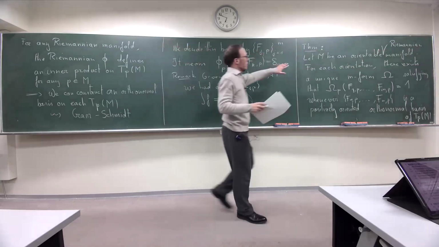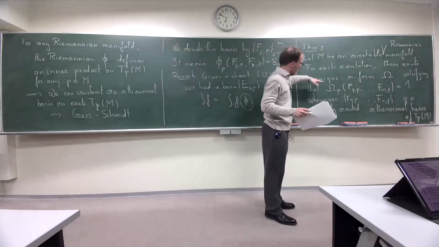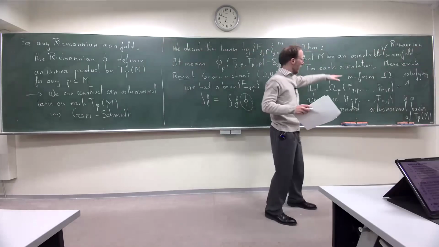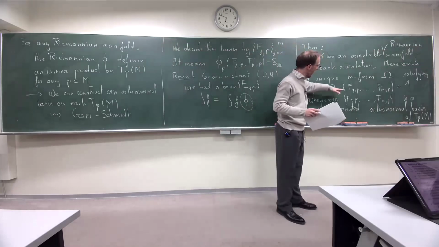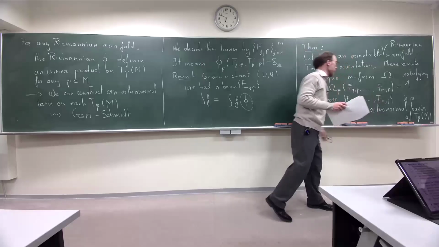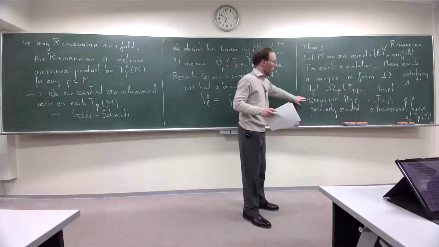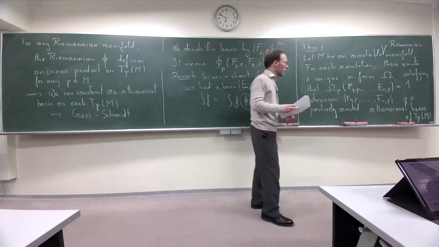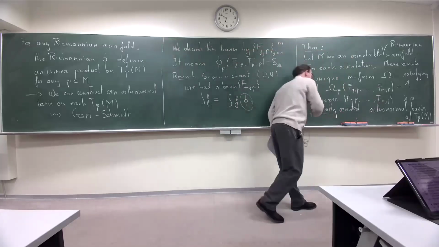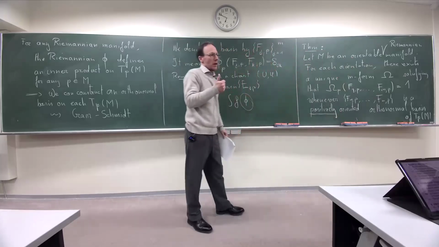For each orientable Riemannian manifold, you can find a very specific m-form which gives you 1 on any orthonormal basis. And what does positively oriented mean? You have two orientations.